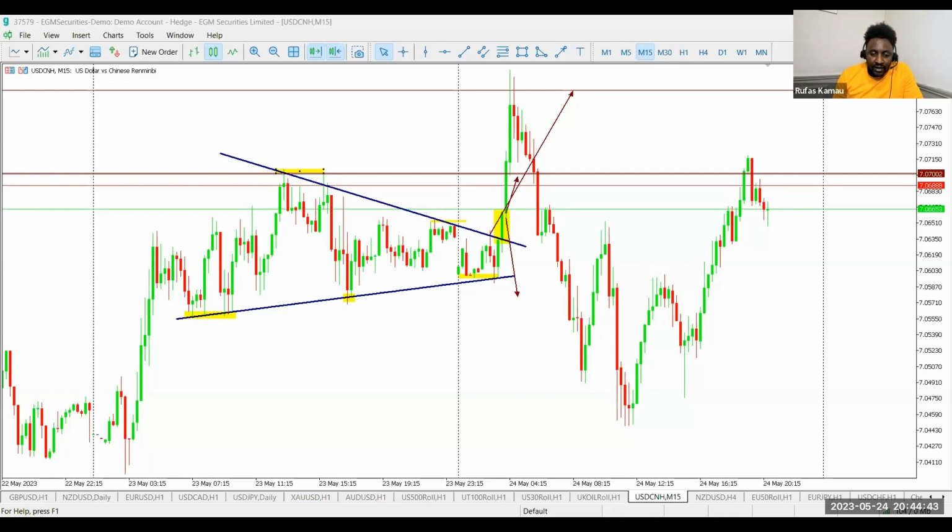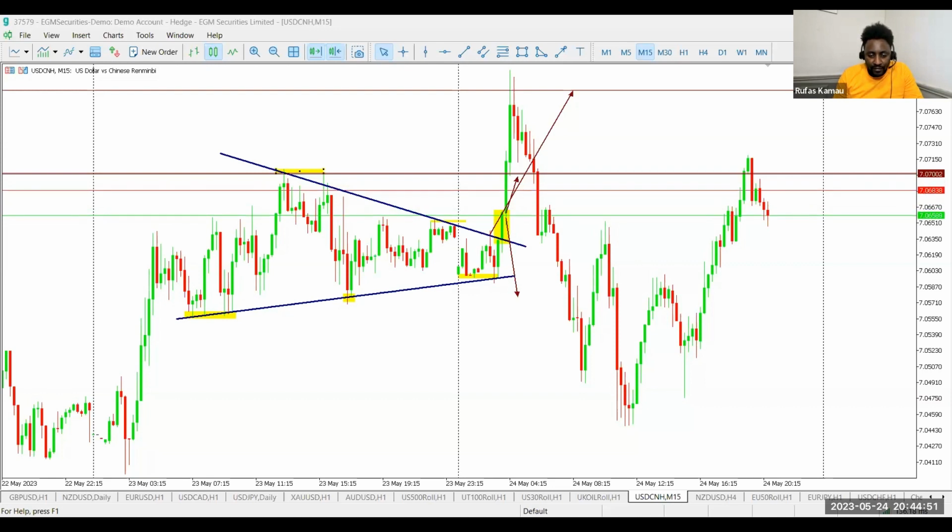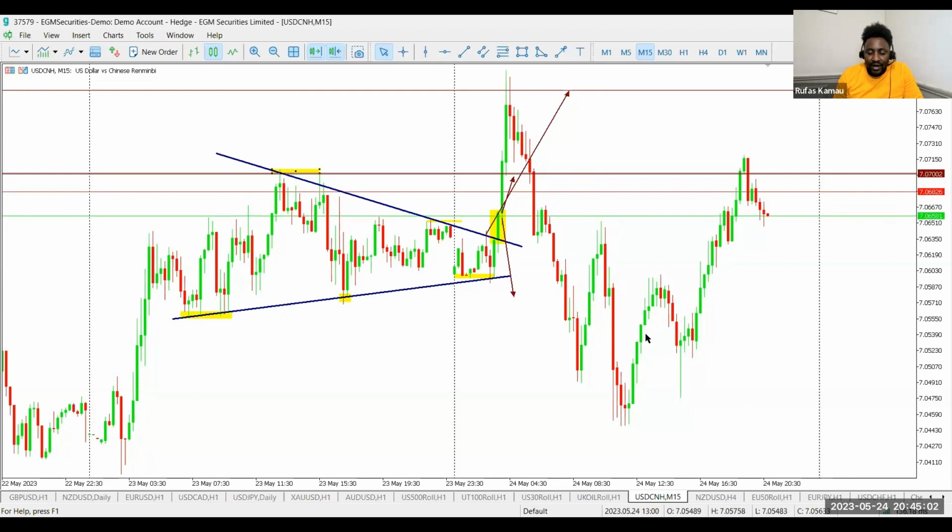Now, identifying a reversal using candlesticks. You just have to understand the candlesticks first and how they are formed. Each and every candlestick represents a price action summary of 4 prices.